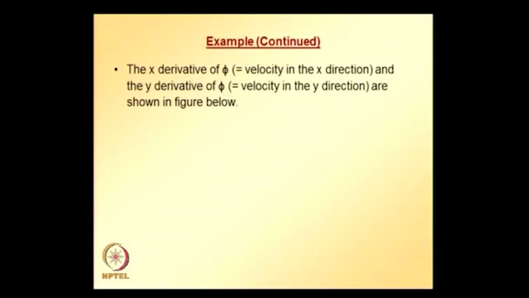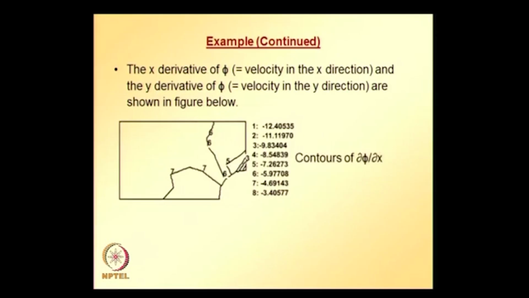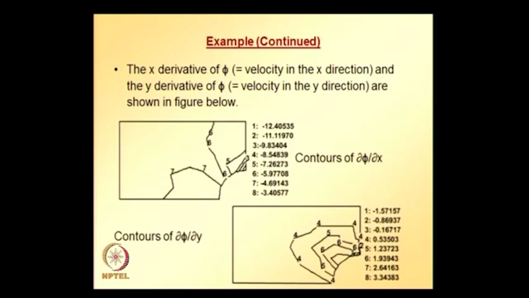and x derivative of potential, y derivative of potential, which are related to the velocity in the x and y directions respectively, are shown here. The contours, and these solutions correspond to 24 triangle elements.